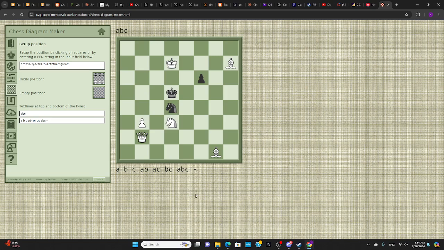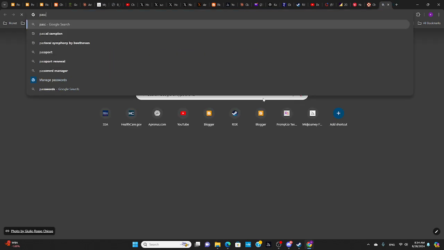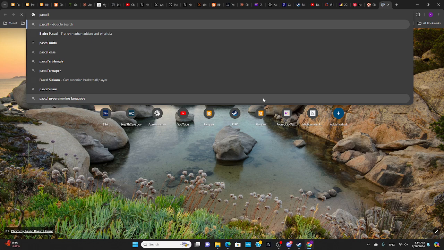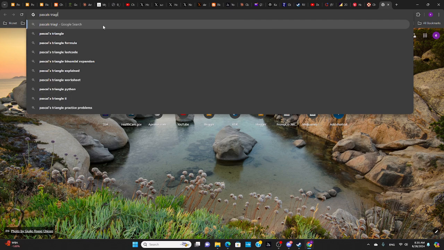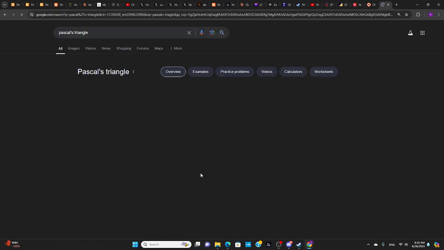So this corresponds to, if you look at Pascal's triangle, let me pull that up real quick. Pascal's triangle. This corresponds to one of the rows in Pascal's triangle, which I'll show in just a moment.